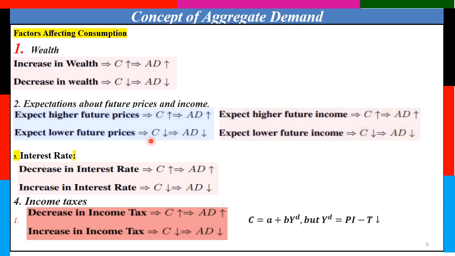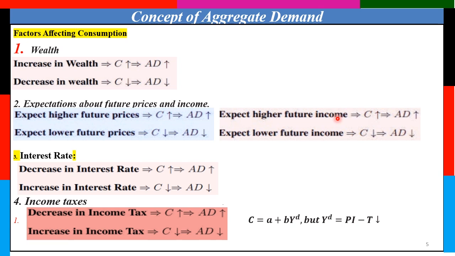When an individual assumes that his or her income is increasing in the near future, then that person starts increasing current consumption, maybe by borrowing or by other means, because he assumes that in the near future his income is increasing. As a result, aggregate demand is what? Goes up.